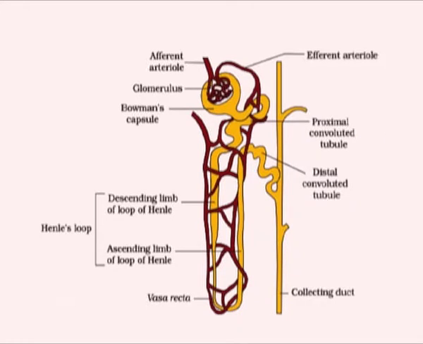Cells lining the tubule have numerous mitochondria, enabling active transport to take place by the energy supplied by adenosine triphosphate or ATP. The DCTs from many nephrons connect to a common tube called the collecting duct, which empties into the renal pelvis.